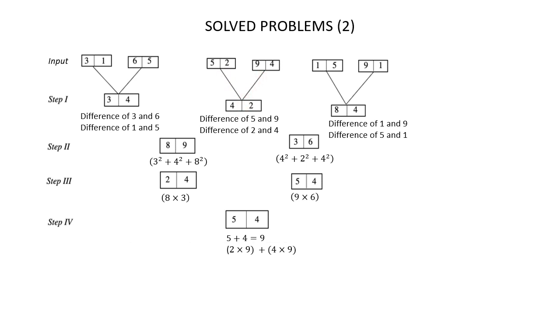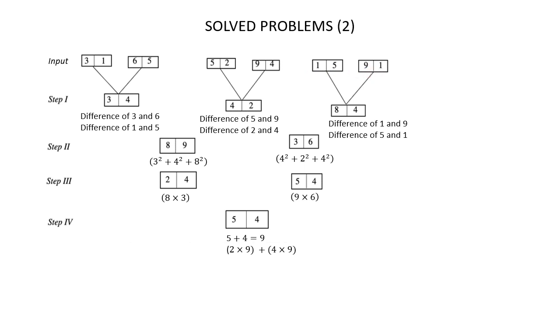And also the fifth and sixth input numbers are connected in some way to get the third number of step 1. Now as you can see here, each of the input numbers is written within a box and each number is split into its respective digits.